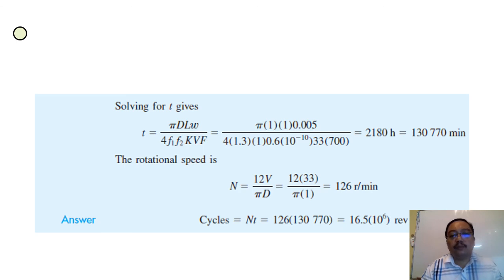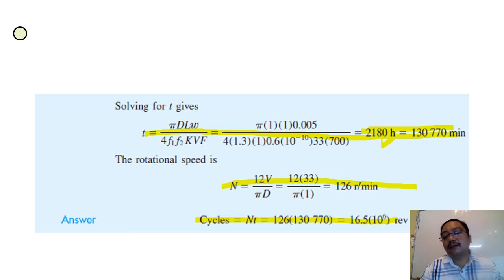Then you put in the equation and you get the time equals 2180 hours, the rotational speed is 126, and the cycles is 1.65 revolution, meaning that after exceeding this time you should do maintenance. This is the way the maintenance engineer can calculate.